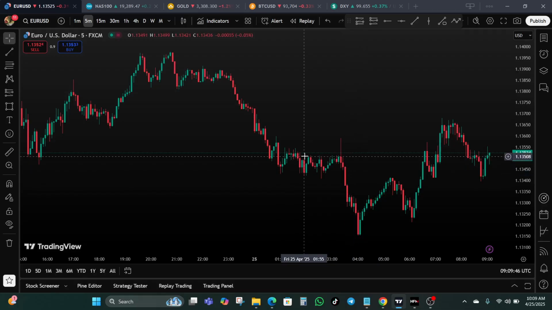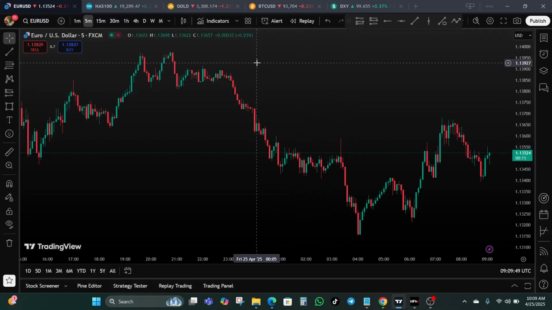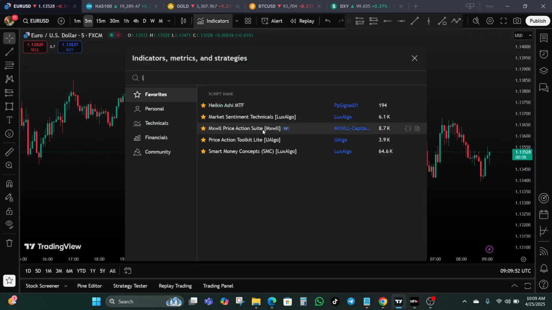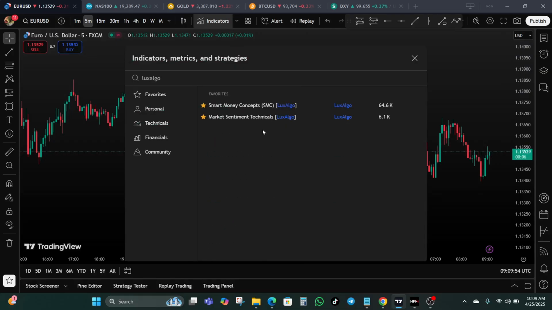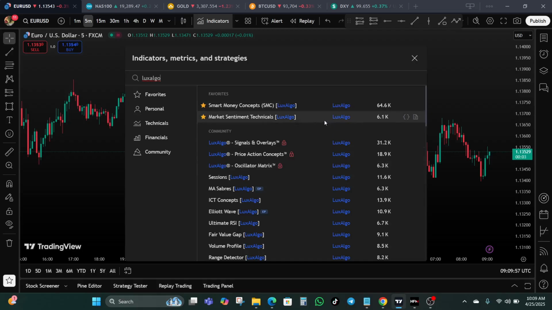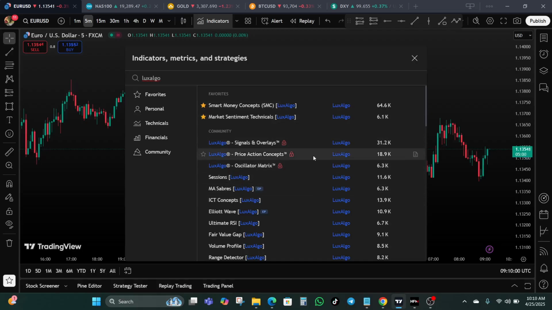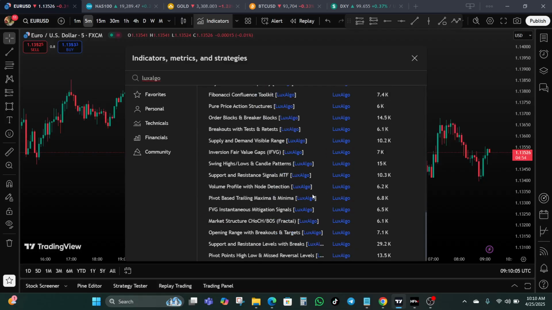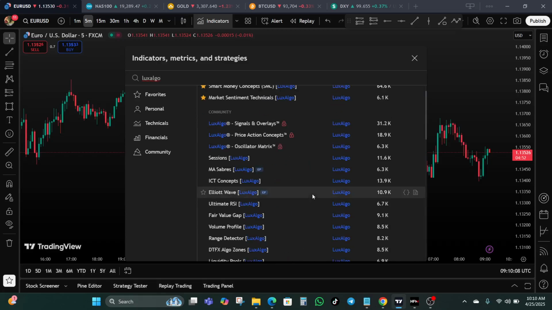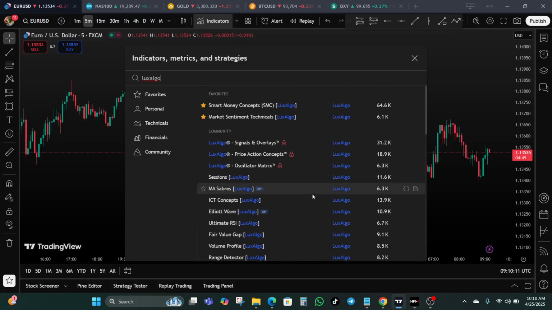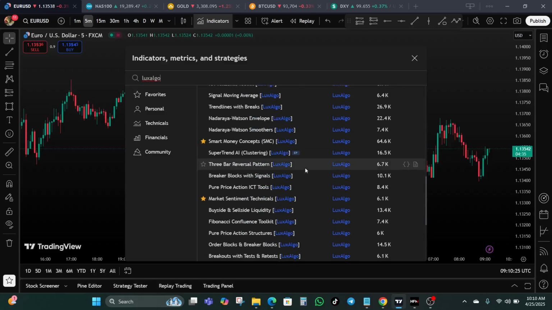Now, there are several LuxAlgo indicators available on TradingView. So we are just going to be looking at an indicator that can help you with signals and overlays.